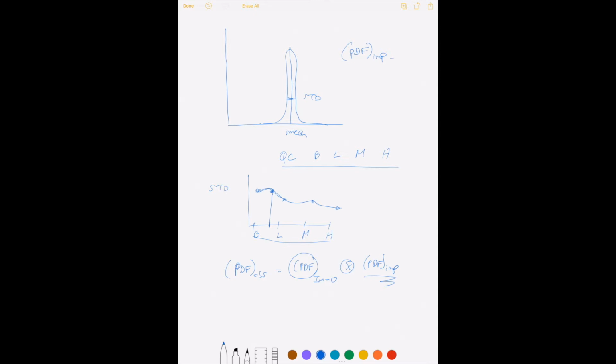Okay, so we can take the observed distribution that's been published for digital microfluidics and for mass spec, take the imprecision distributions that's published by the CDC, and we can obtain the probability distribution function if the imprecision in the assay platform were 0. That's interesting. Why is that interesting?